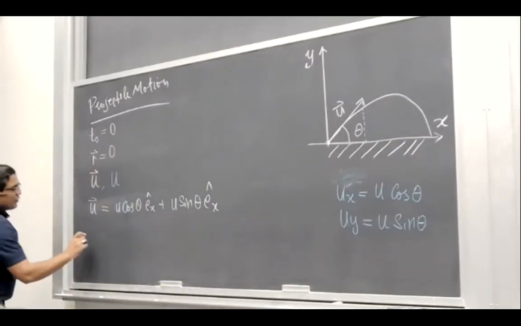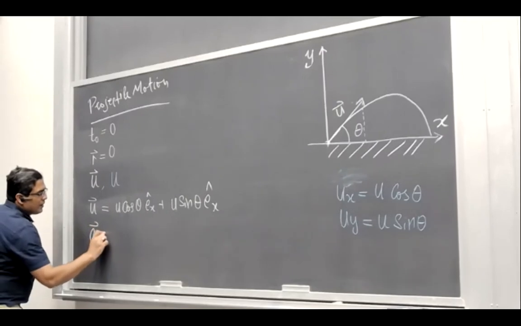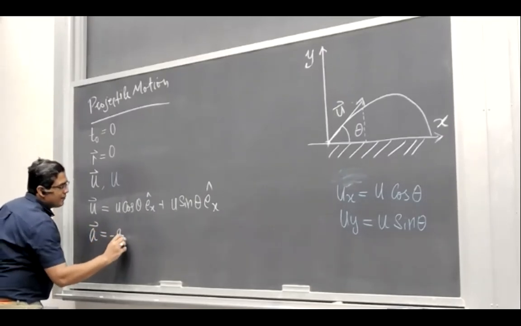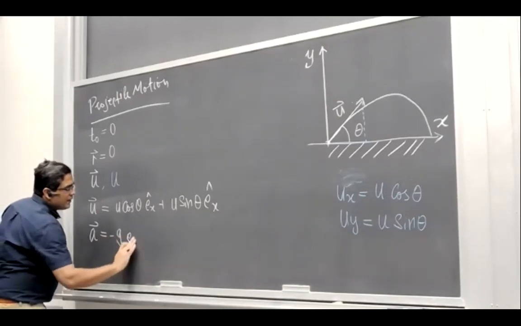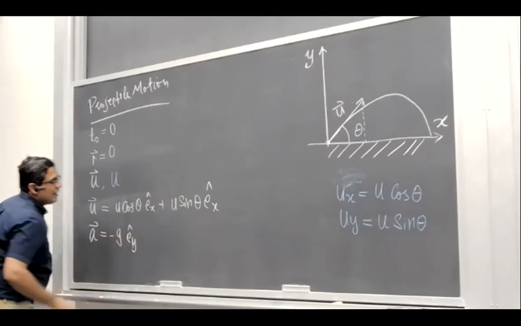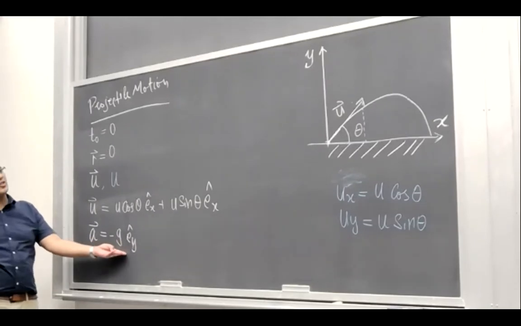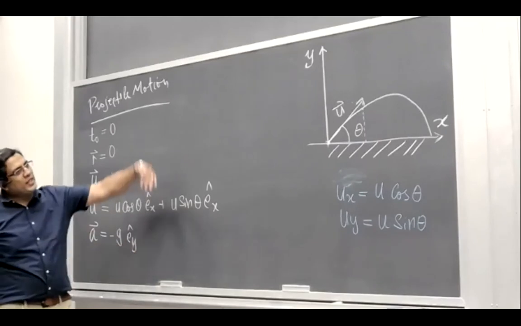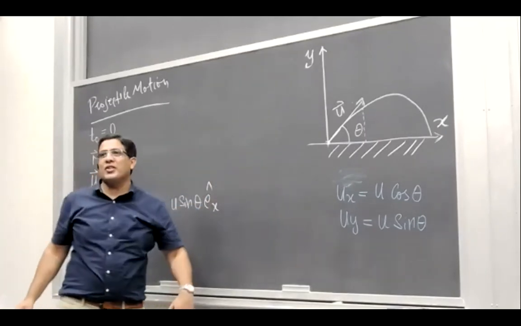So the acceleration would be minus g e y. The acceleration is parallel to the x-axis, or actually anti-parallel to the x-axis. It's pointing downwards. It's pointing in the negative direction.